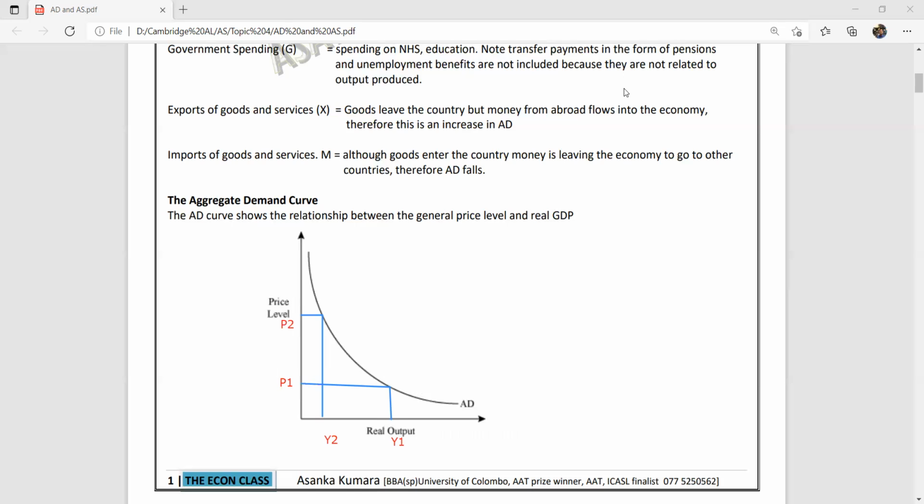So these changes can be seen. In other words, movement along the curve. This is an upward movement, and a downward movement can also be seen when there is a reduction in the average price level. So there are some reasons behind such a movement.